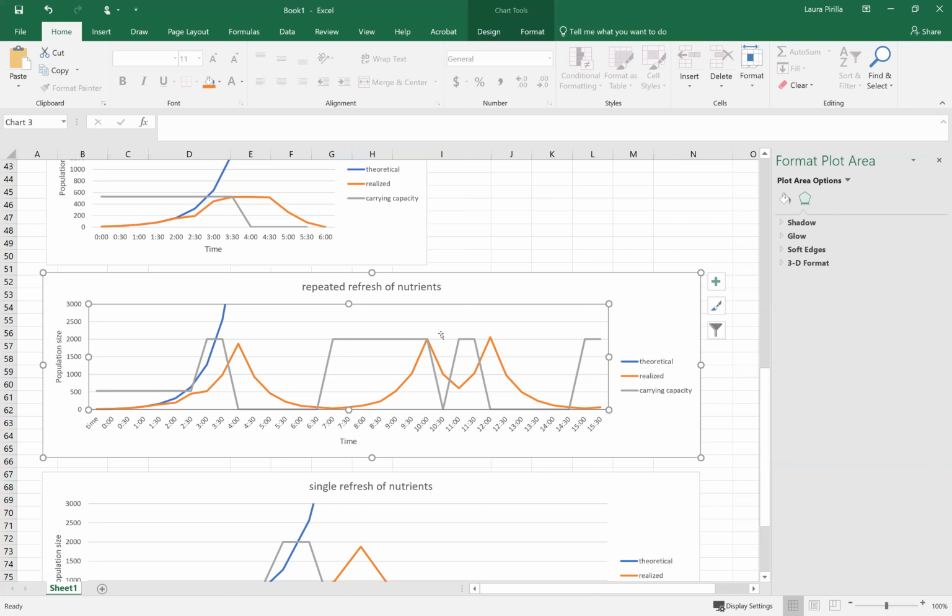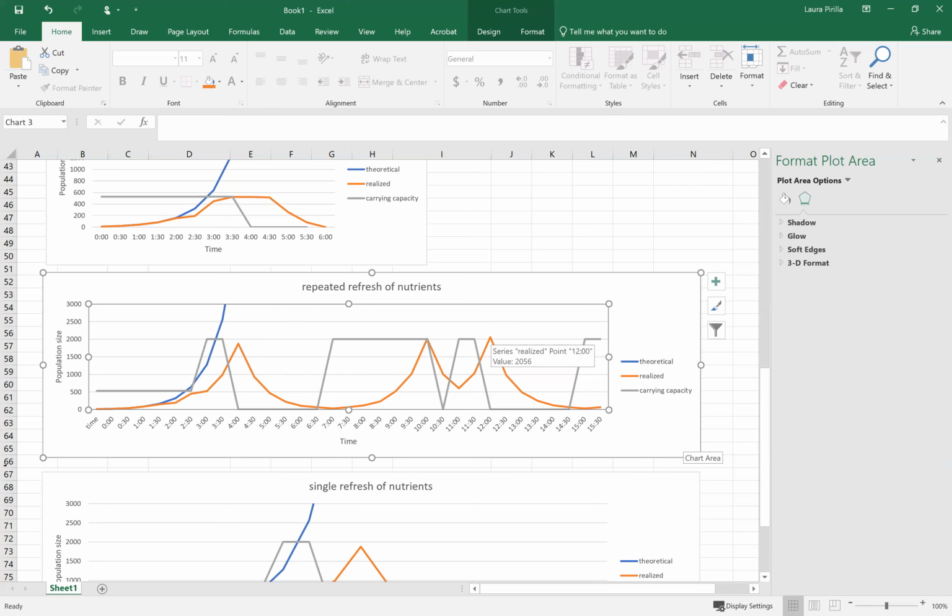So one thing I'd like you to pay attention to, in this repeated refresh of nutrients graph, you notice that first little addition of nutrition just in the nick of time, right? It lasted us a little bit of time before we hit carrying capacity again. But then we added more, and it didn't last us as long before we peaked again. And then we started crashing again.